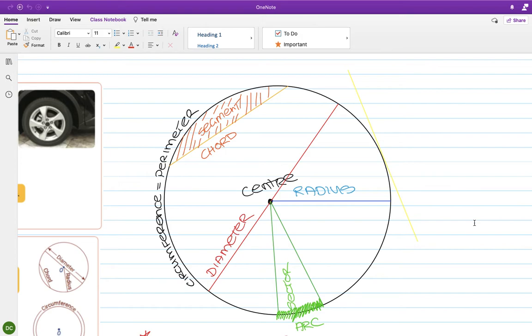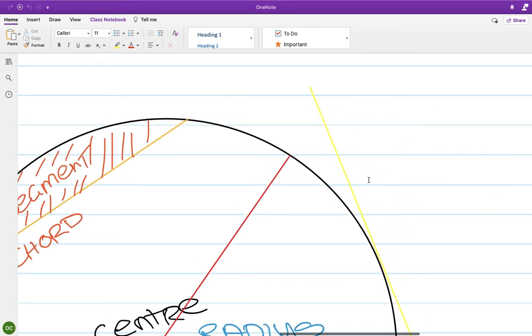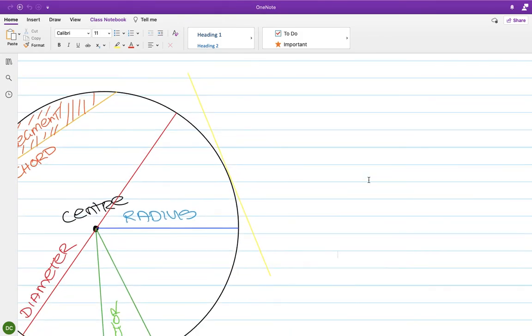So a tangent is a line that touches the circle at one point only. I don't know if this even touches. No, it doesn't, but let's assume it does.